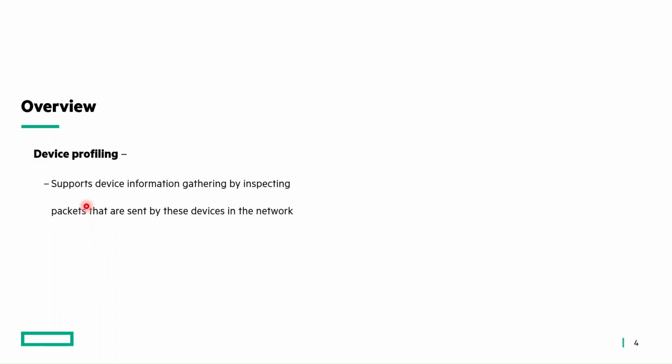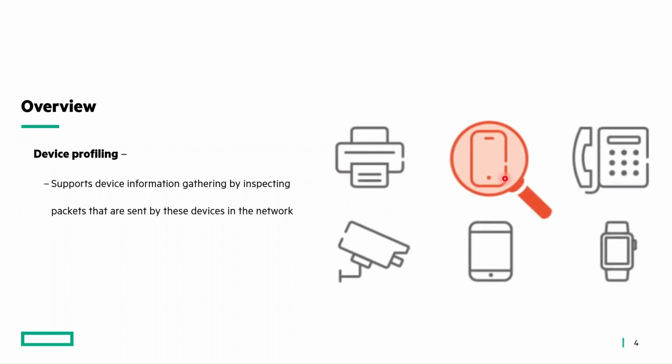Overview. Let's see the overview of device profiling first. What is device profiling? Device profiling allows us to gather device information like what type of device it is and what operating system is running on the device, by inspecting the packets that are sent by these devices in the network. For example, we can identify that a device is a smartphone, a printer or a camera.